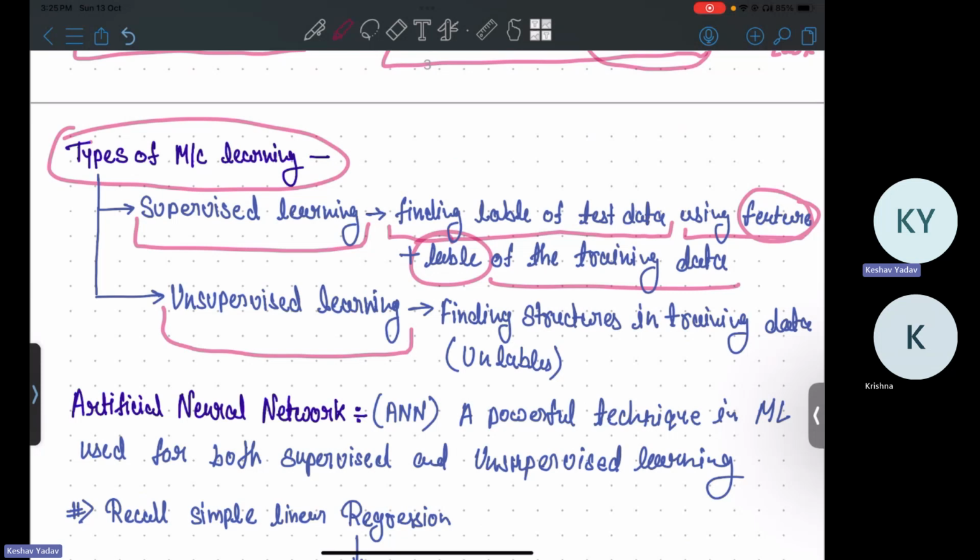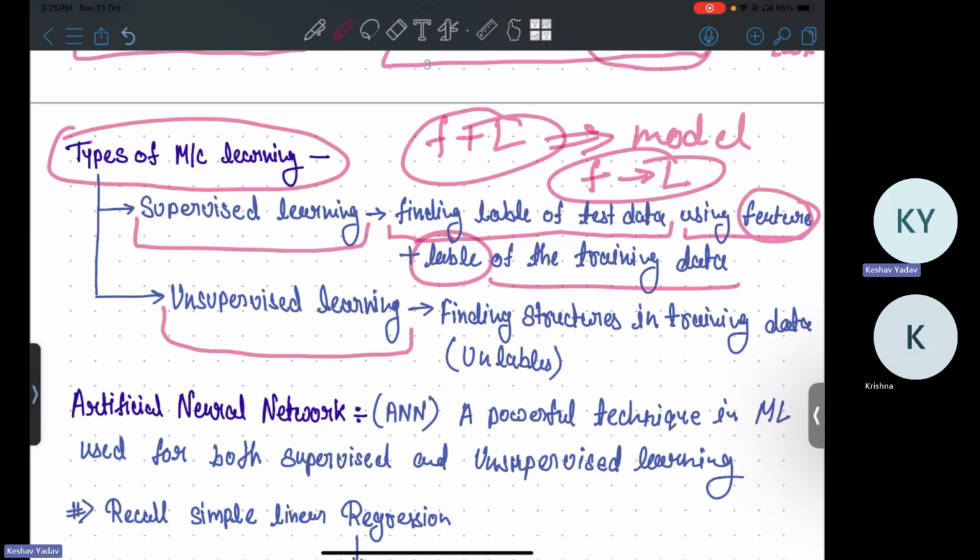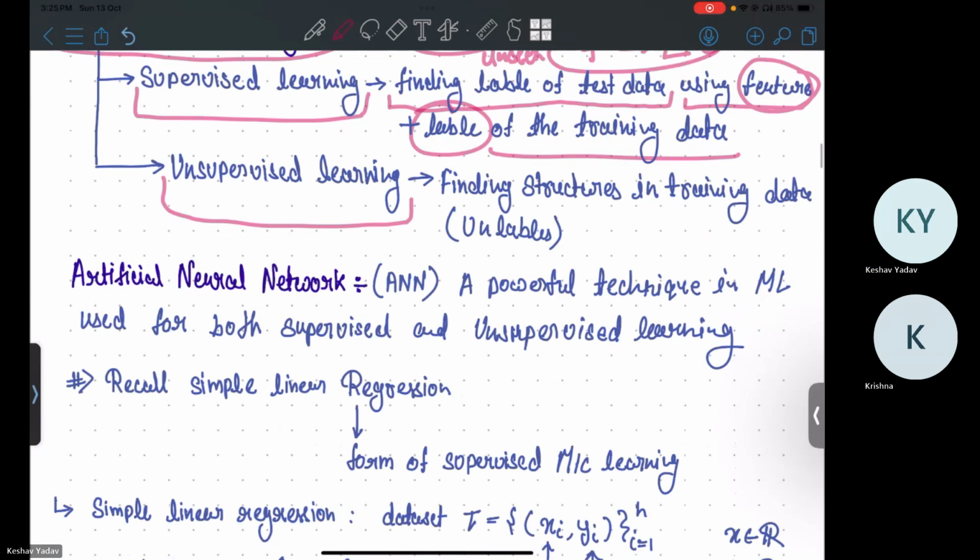So in supervised machine learning, we have features plus label in the training data, and we use this to make the model. Once the model is developed, we give some unseen features to get the label.